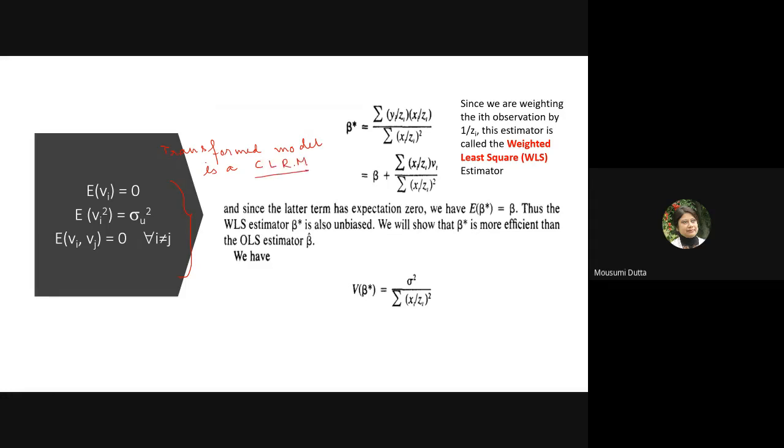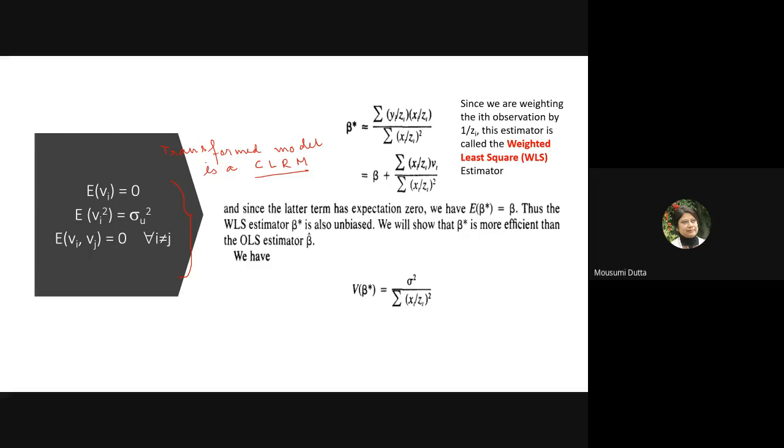CLRM, classical linear regression model. So if you write the formula for variance of beta star WLS, that will be in the form sigma square divided by summation xi square. Now here xi is xi by zi. So you are getting sigma square divided by summation xi by zi whole square.